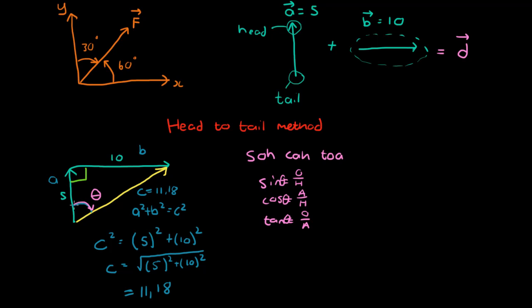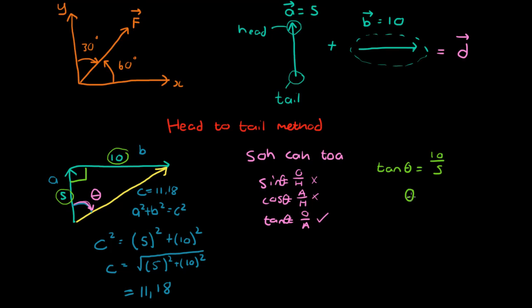So we know, relative to this angle here, the adjacent and the opposite lengths, so we can't use sine or cos. We will use tan. So we'd say the tan of theta is equal to the opposite, which is 10, over the adjacent, which is 5.